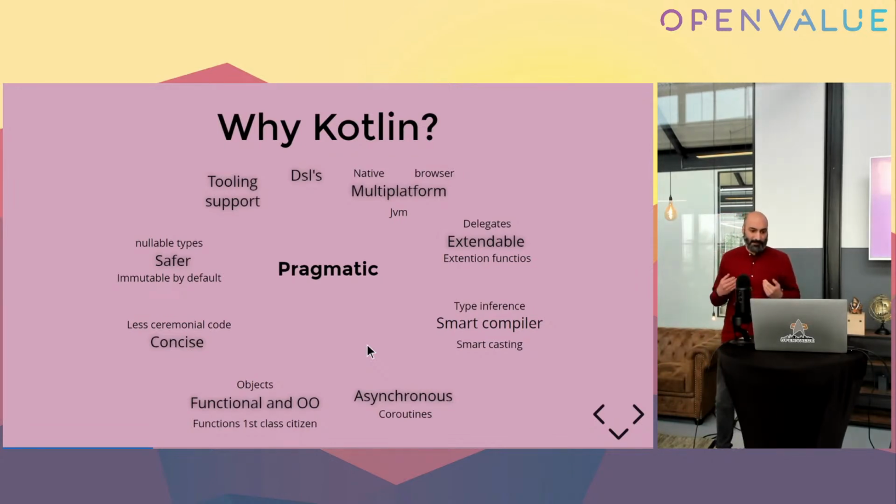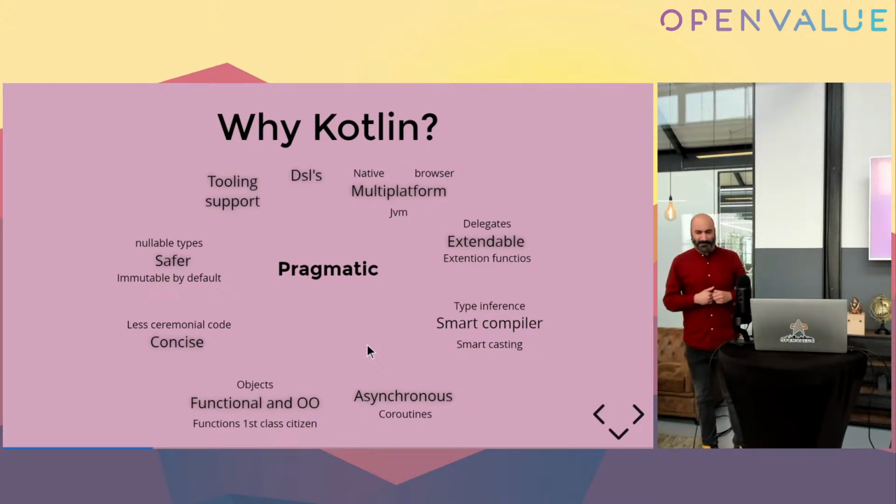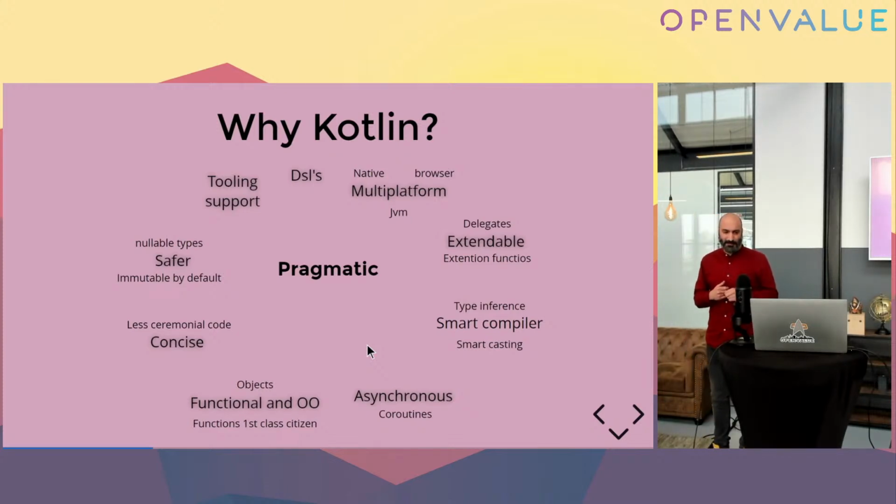That's kind of great. And type inference, nowadays you have it also in Java, but I think it's still on local scope. In Kotlin, you can use it everywhere. So that's also kind of nice.